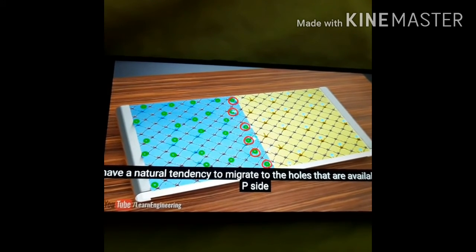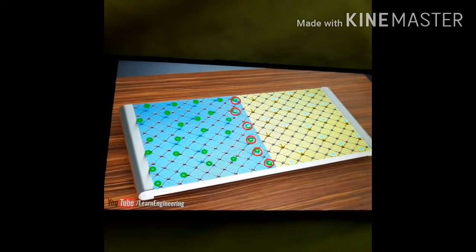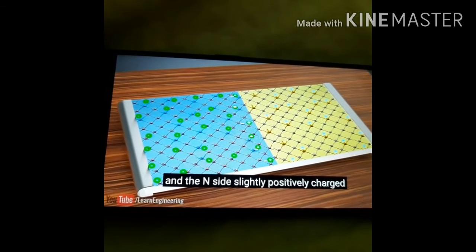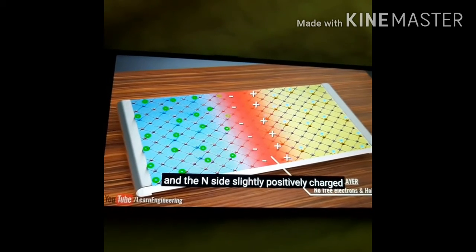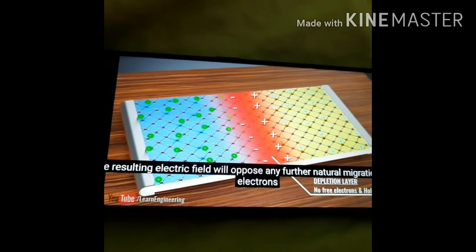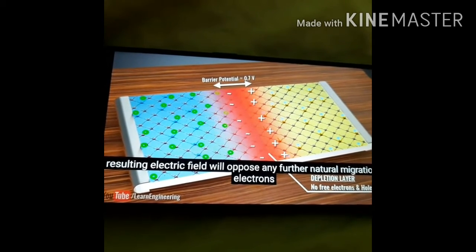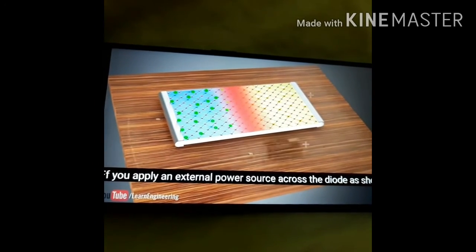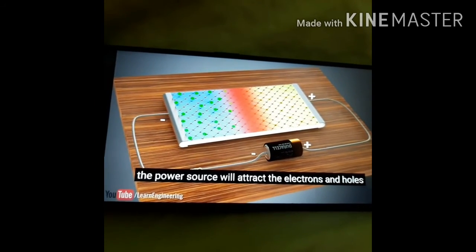At the junction it is forming like a barrier. In forward bias, a very thin junction will be formed. In reverse bias, this junction will keep increasing.